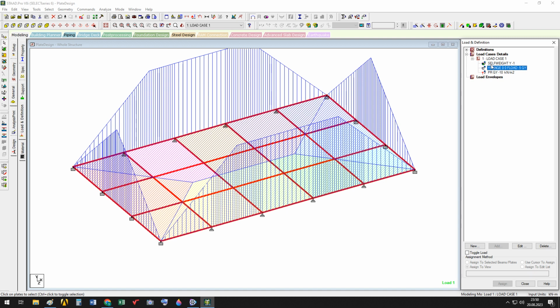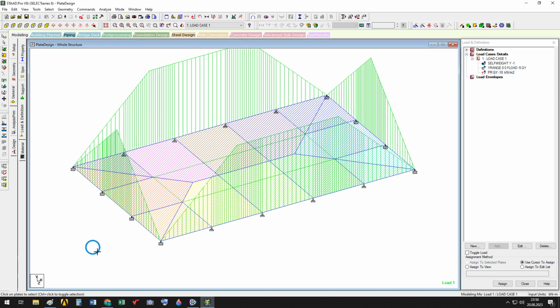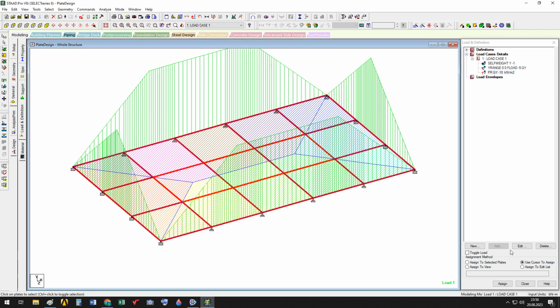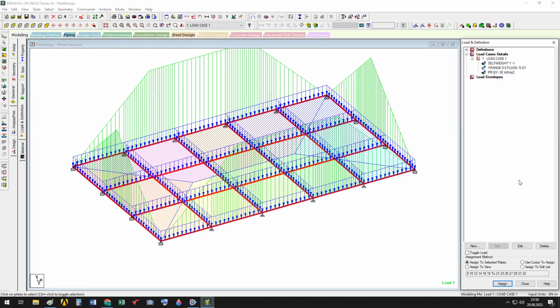So floor load, from my understanding, acts upon beams. This is a pressure load. It has to be assigned to the selected plates. So for that reason, I will select plates and assign to the selected plates. Assign. Now they are all assigned.